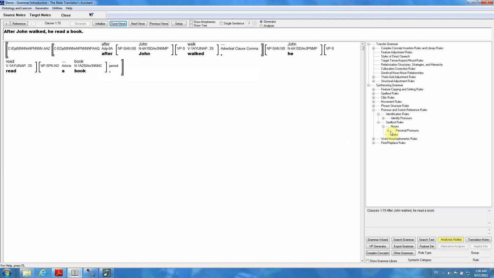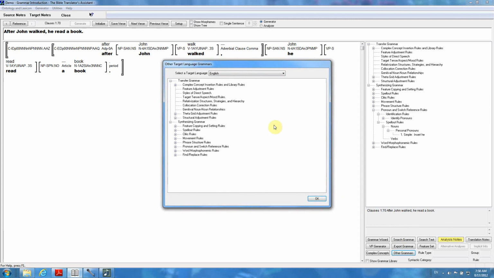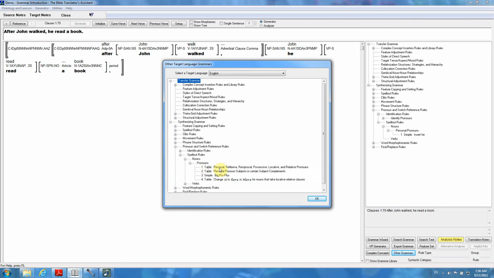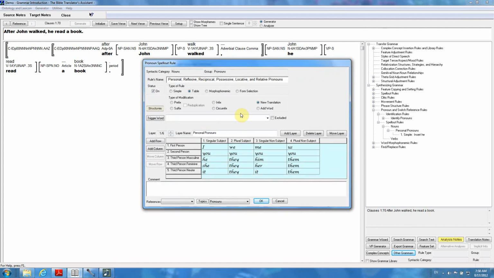These pronoun spell-out rules and the pronoun identification rules eventually become much more elaborate. Let's go and look at the English pronoun systems, the spell-out rules. Okay, here's a table spell-out rule for English pronouns. It has 6 layers. The first layer is personal pronouns. Singular subject, plural subject, singular non-subject, plural non-subject, and then first person, second person, third person, masculine, feminine, neuter, etc. And you can look at the various layers.